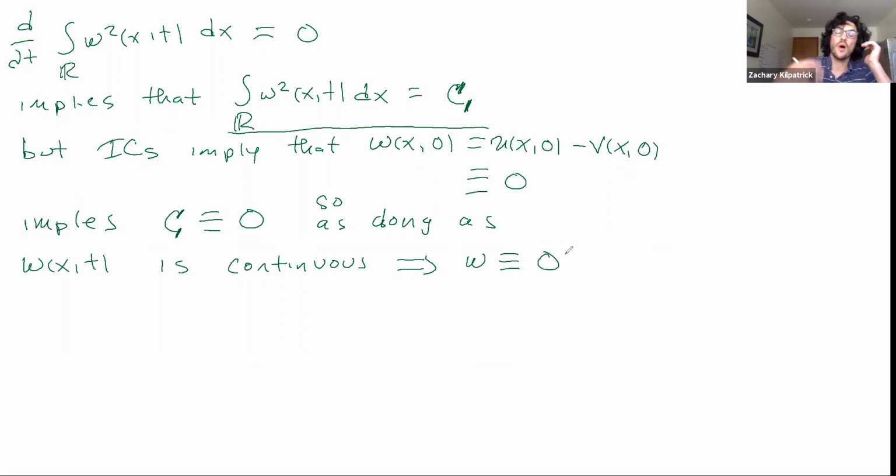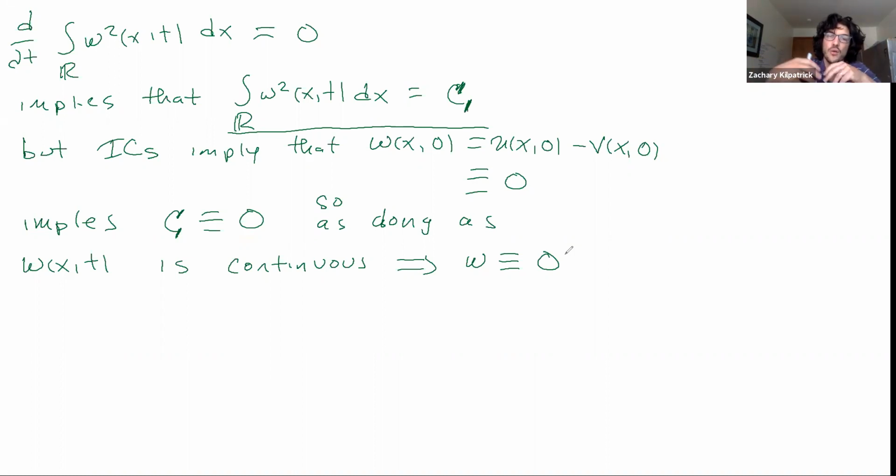Okay. Why do I have to add in that caveat of continuity? Well, because you could always integrate some function that's 0 everywhere, except for little holes that it has poked in it, where you take on values that are non-zero.